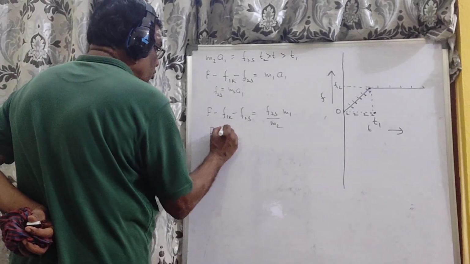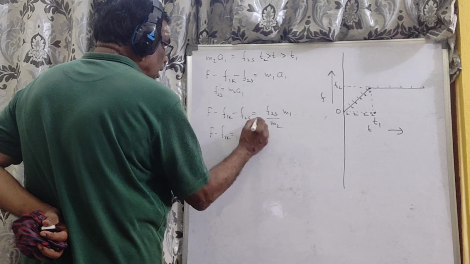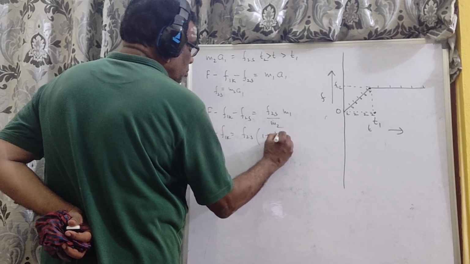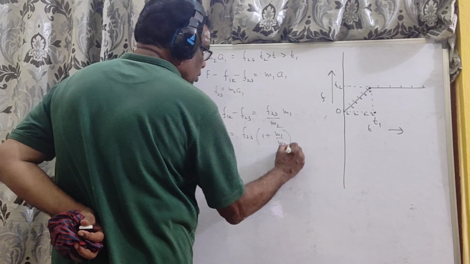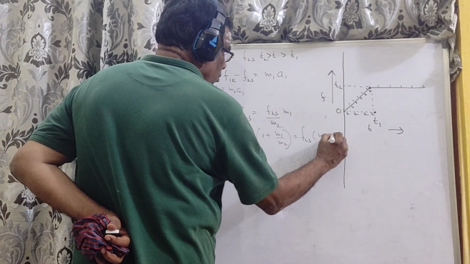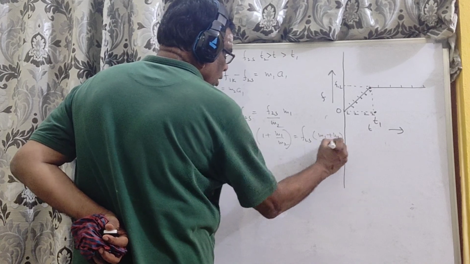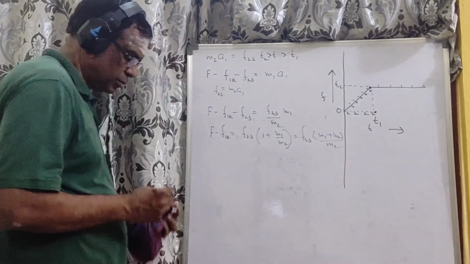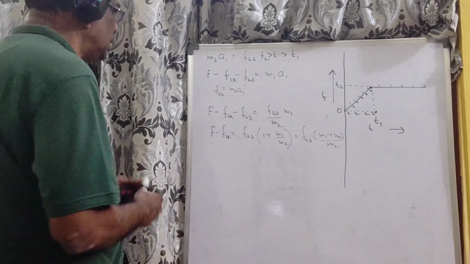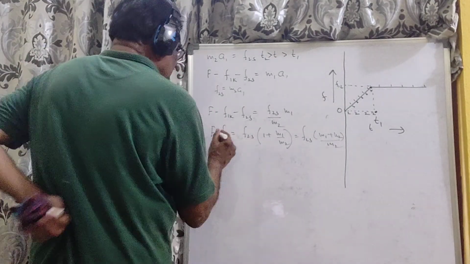Or F minus F1K is F2S plus 1 plus M1 by M2. This is equal to M1 plus M2 by M2. Alright? Got it. And I am interested in this.